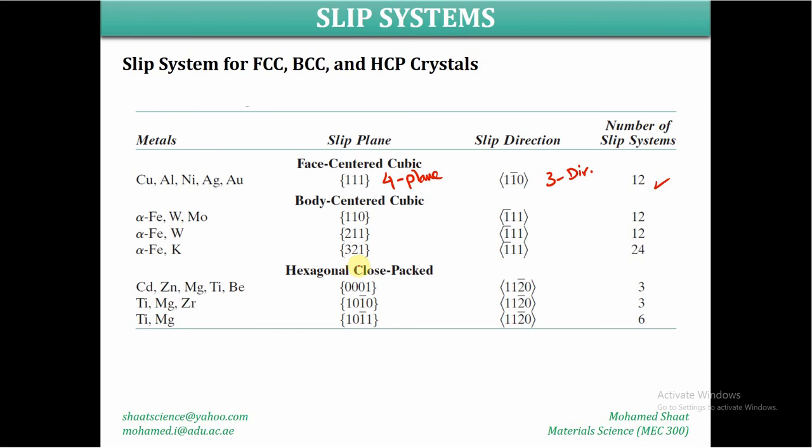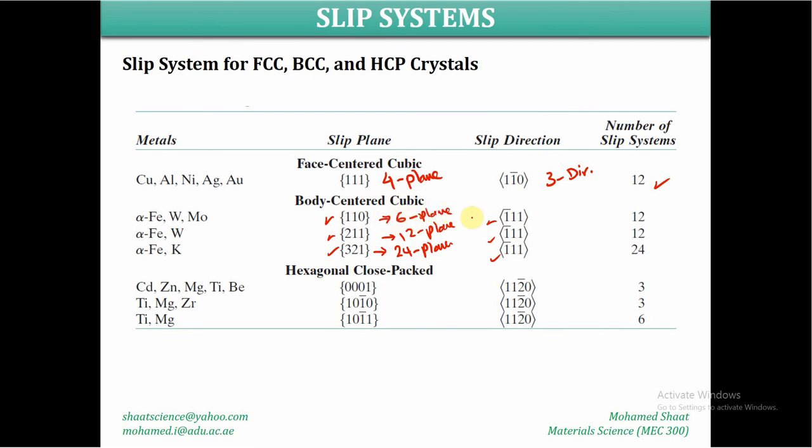But in the BCC crystal structure, we have 3 scenarios, 3 options. We have the {110}<111>, {211}<111>, and {321}<111>. The direction is going to be the same. This one has 24 planes, this one has 12 planes, but this one has only 6 planes.